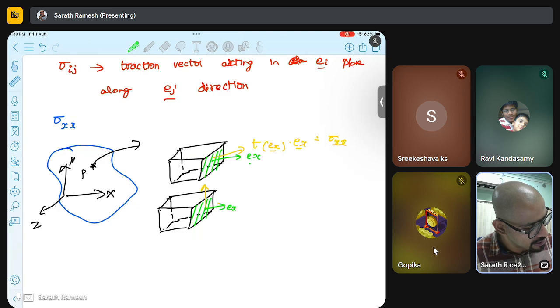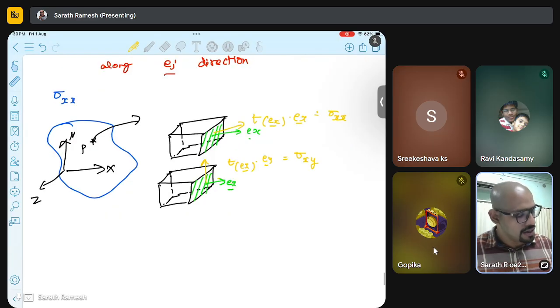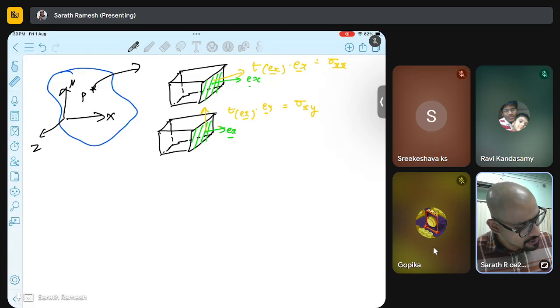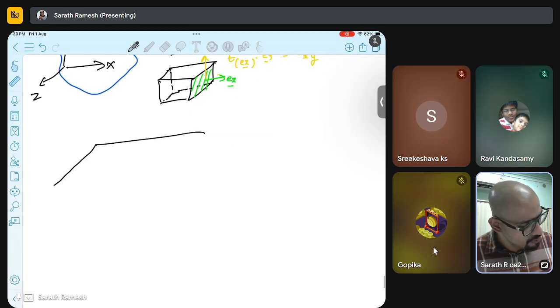This is the e_x plane only, but the direction is acting along y. So this traction is called sigma xy, t of e_x acting along the y direction. Similarly, we can write sigma xz and so on. So let's draw it fully, a big cube.